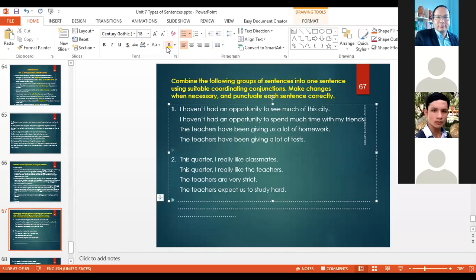Anyone can try number 1. Simple, compound, complex, or compound-complex, no problem.